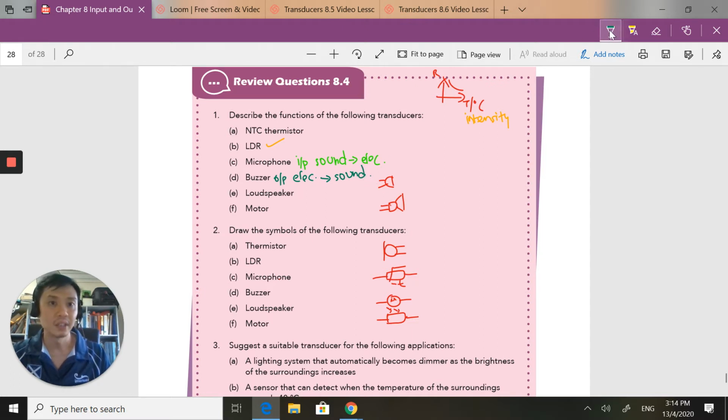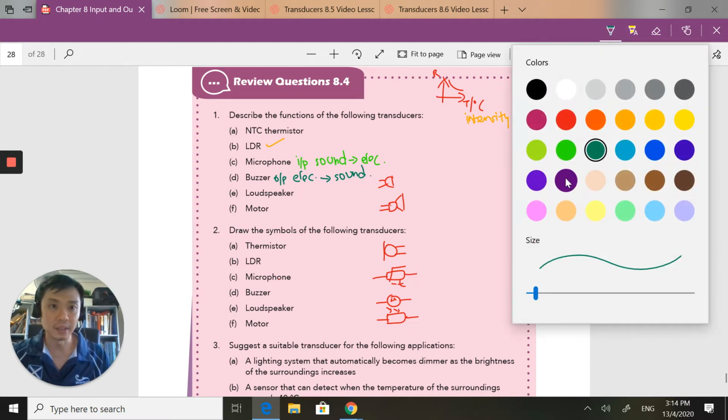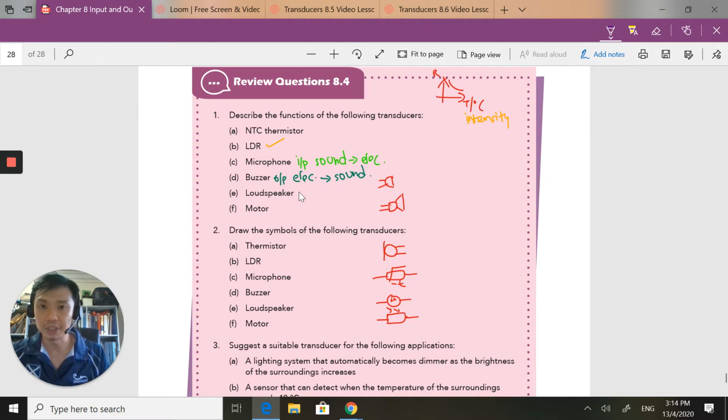A loudspeaker is an output transducer which converts, once again, electrical energy into sound energy. And finally, a motor is also an output transducer which takes electrical energy and converts it into mechanical energy. So there you have it.